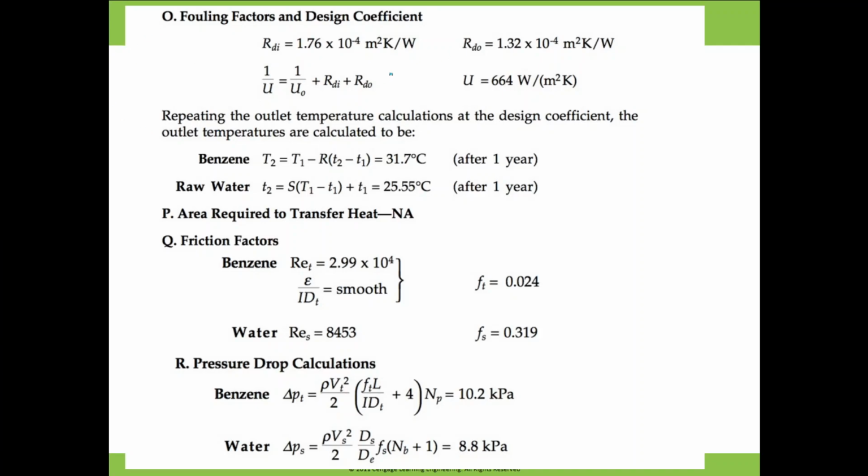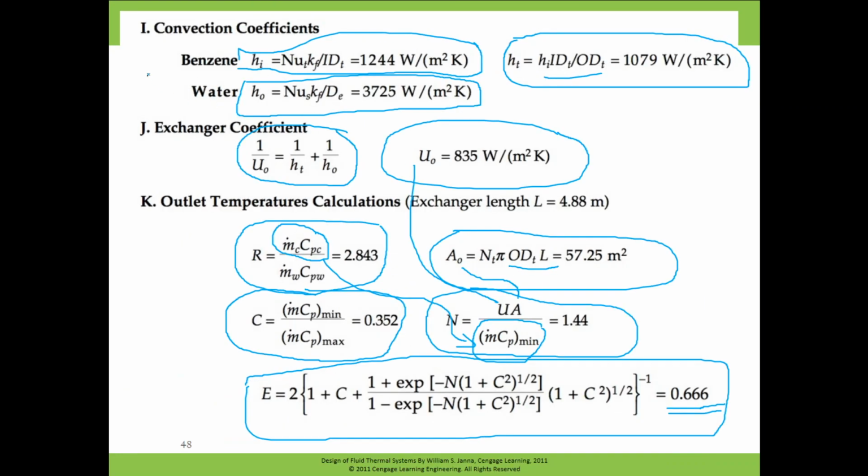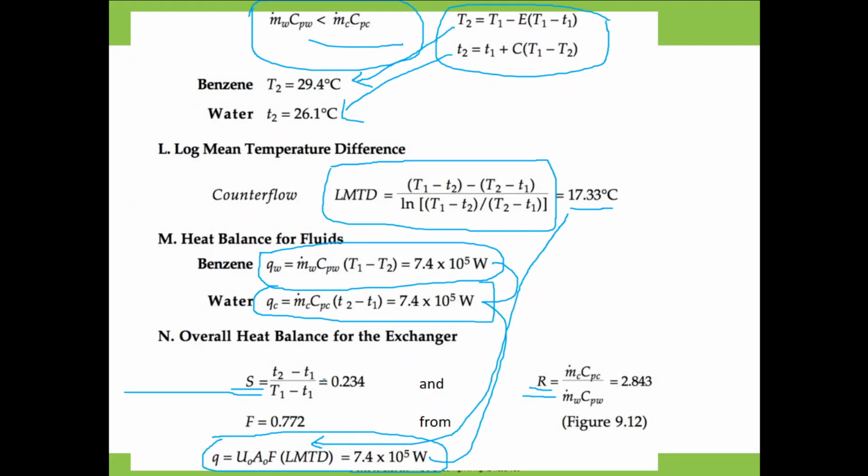Okay, if you take into account the fouling factor, then the overall heat transfer coefficient will change, and this is the way you take into account the fouling factor. So your new overall heat transfer coefficient is 664 watt per meter square Kelvin, and based on this you can go back and calculate the number of transfer units, and with the help of the new N you can calculate the new effectiveness E, and then based on the new E you can calculate T2 and t2 again.